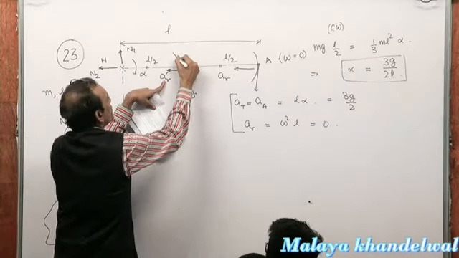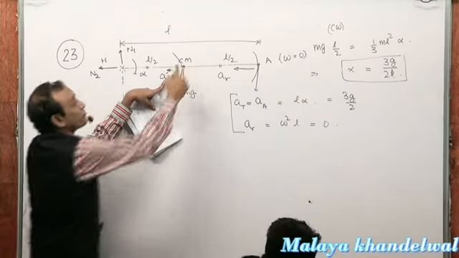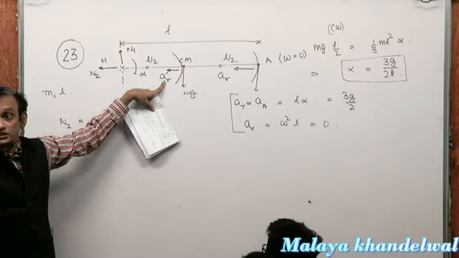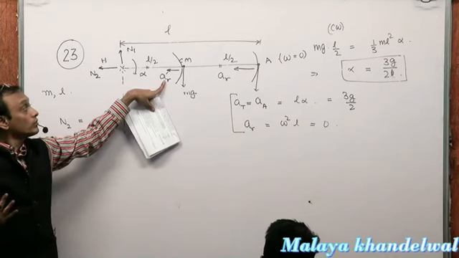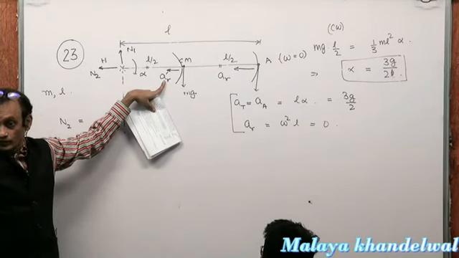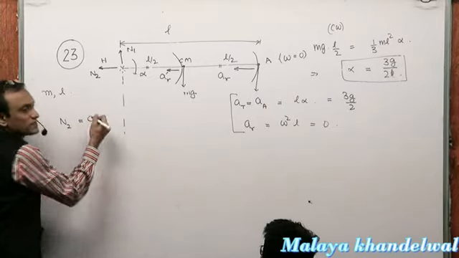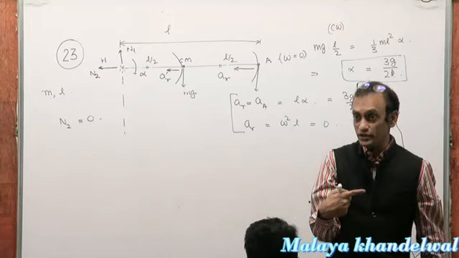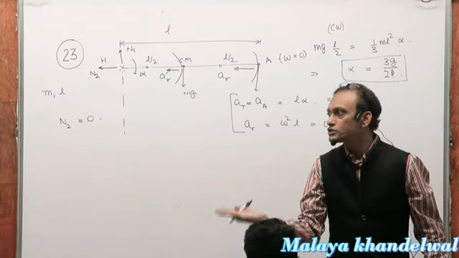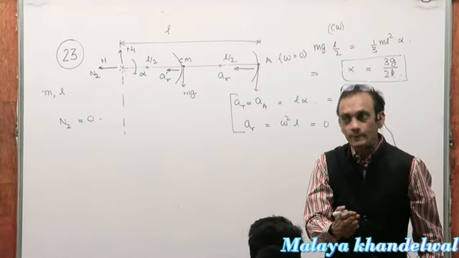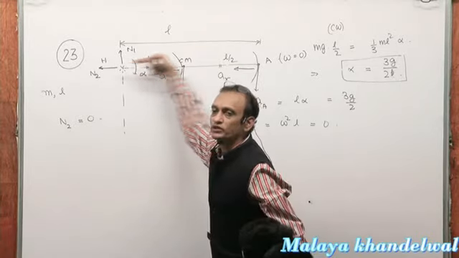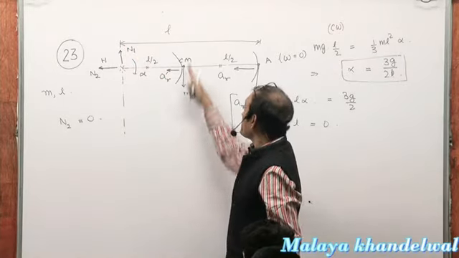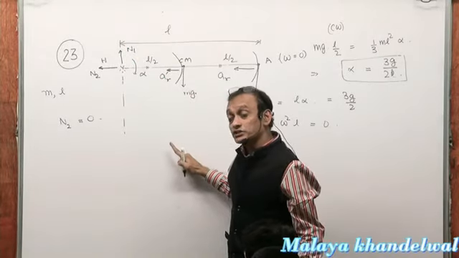The impact of force is directly felt at the center of mass. The center of mass is also moving in a circle, of radius L by 2, and at this instant its omega is 0. So its radial acceleration is 0, and therefore N2 at this instant will be 0. N1 would be responsible for acceleration in the vertical direction.